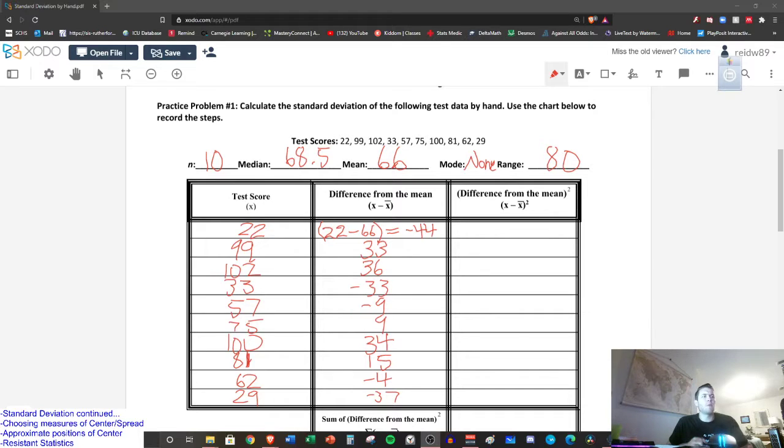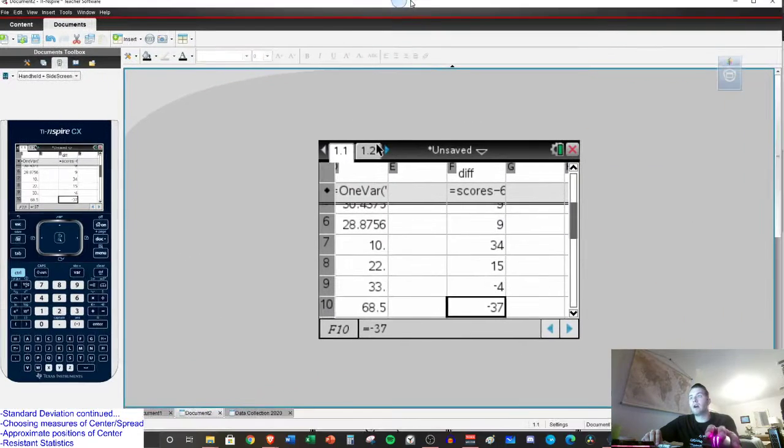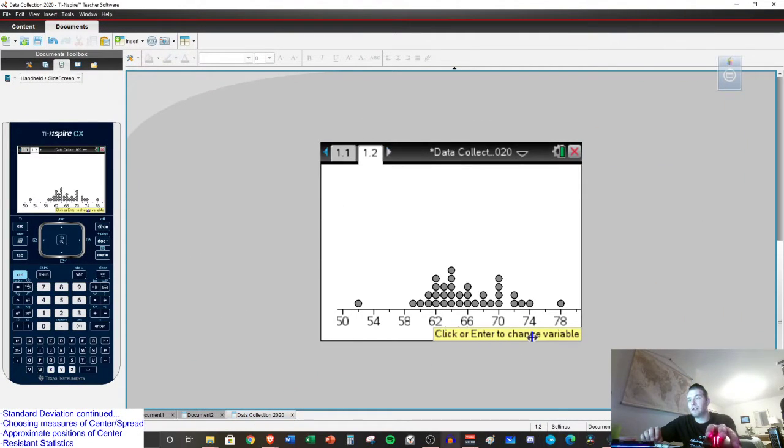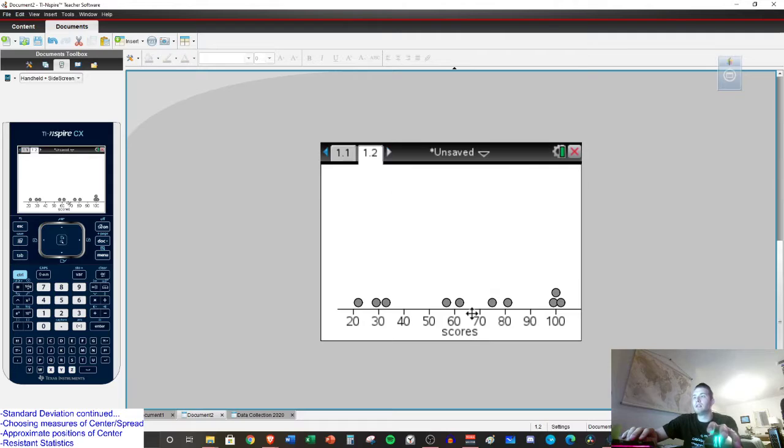That's part of our formula for standard deviation. We're finding the distance to each point. So going back to our graph here, data collection, this is it here.